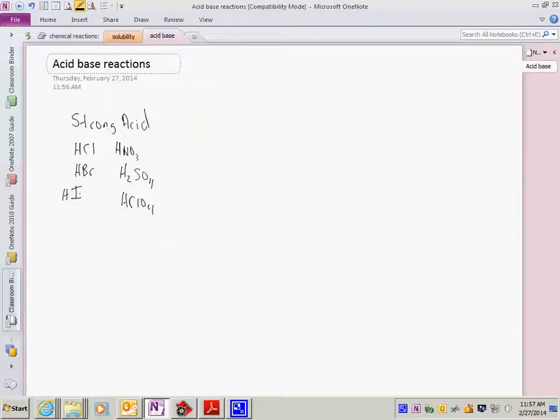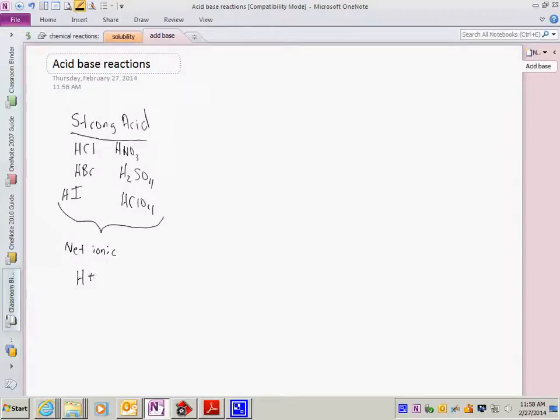Hydrochloric, hydrobromic, hydroiodic, hydronitric, nitric acid, sulfuric acid, and perchloric acid. These are our strong acids. By definition, they ionize 100%, and we would therefore write any of these. If we're looking for a net ionic equation, we would list these guys as being separate.